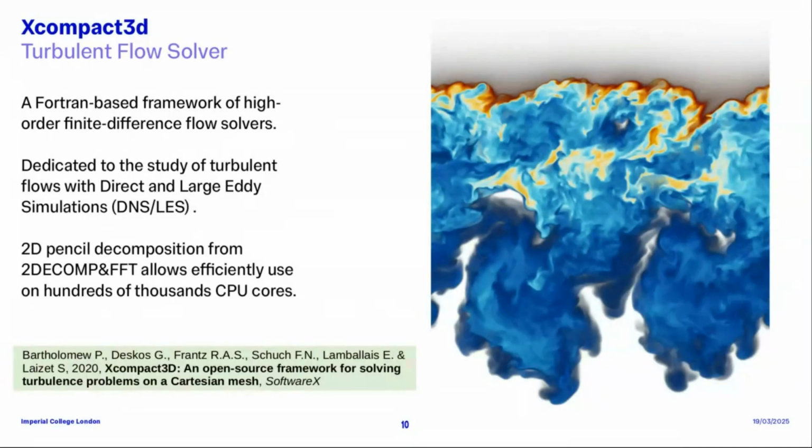It can do direct and large eddy simulations. In this work, we focus on the large eddy simulation implementations of this. It's scalable up to hundreds of thousands of CPU cores due to its use of 2D pencil decomposition. And this enables us then to look at the turbulent flow features that we see in the wind farm.